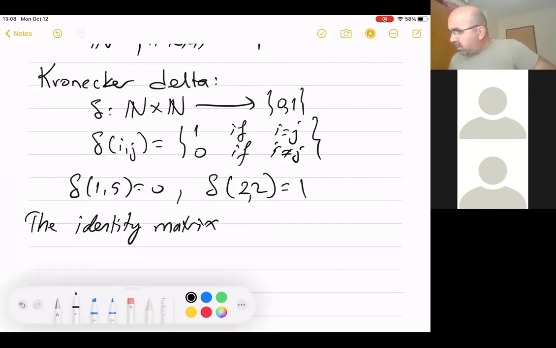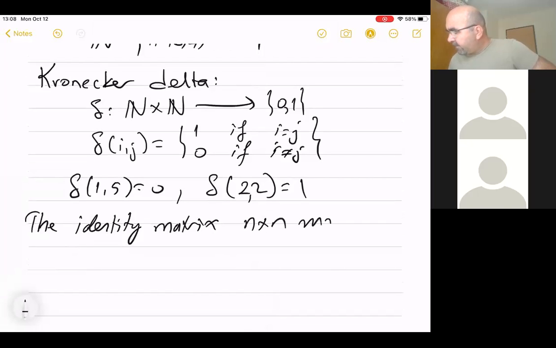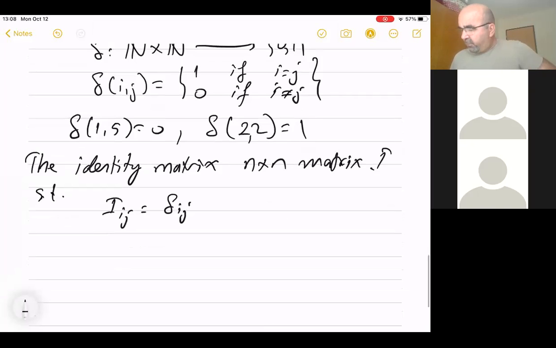The identity matrix I is the n cross n matrix such that I_ij is equal to delta_ij. Sometimes we denote it as either I or I_n. They are both fine.